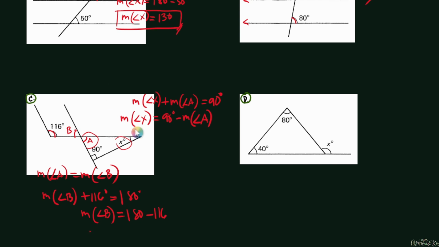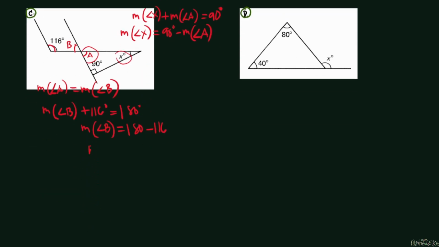So the measure of angle B is equal to 64 degrees. This also means that the measure of angle A, since they are equal, is also 64 degrees. So this angle here is 64 degrees, and we can find the value of x here.